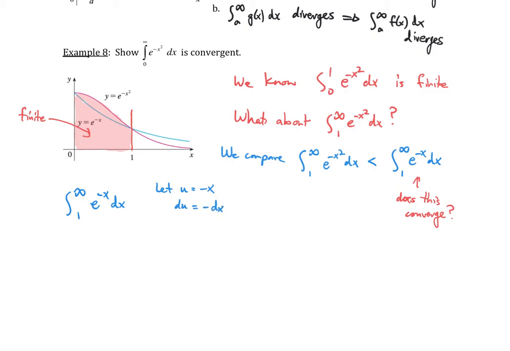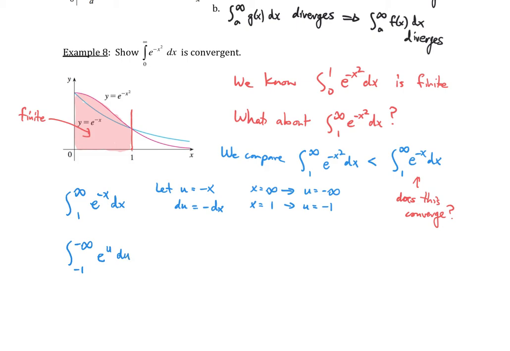And when x is equal to infinity, that means u is equal to negative infinity. And when x is equal to 1, u is equal to negative 1. So our integral is going to become the integral from negative 1 to negative infinity e to the u du.